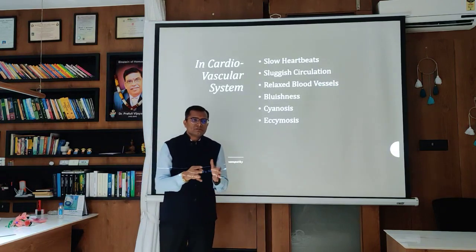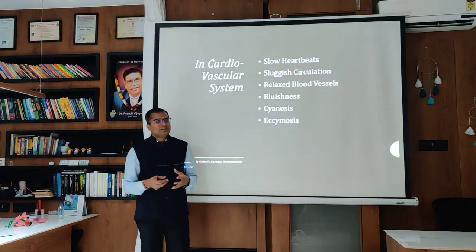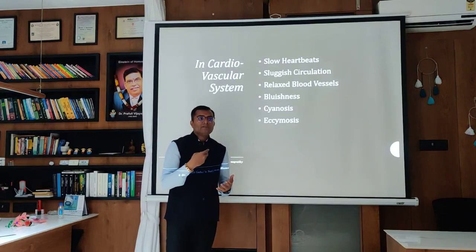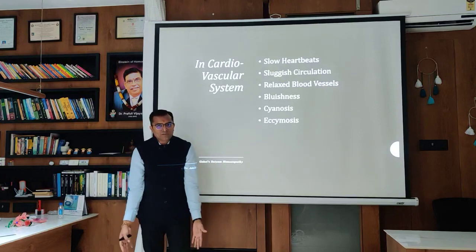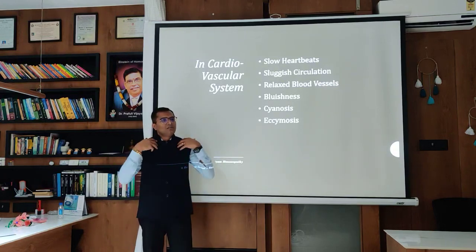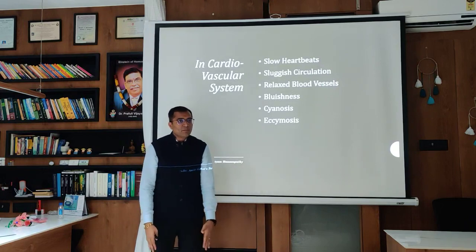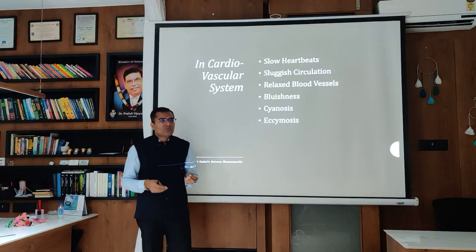So there is a sluggishness of circulation, along with relaxed blood vessels. When a blood vessel is relaxed, the blood cannot come back to the heart again. The heart has a mechanism that blood goes from the heart to the peripheral part of the body and from the peripheral part to the heart. So when the heart is pumping slowly to the peripheral part, from the peripheral part it passively does not come back to the heart. So what happens?